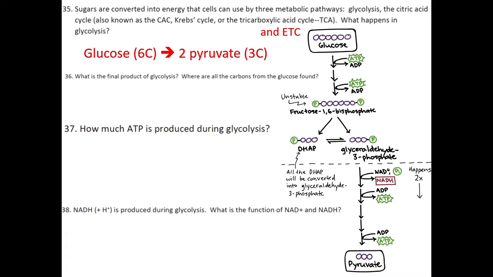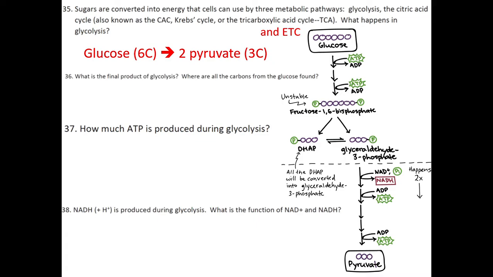So glucose has 6 carbon, and we start from 6 carbon molecule, and then we end up with 3 carbon molecule, which is pyruvate. And we are not going to lose any carbon because we are making 2 pyruvate. So together we still have 6 carbon. So we start from glucose, which is 6 carbon, and we end up with 2 pyruvate. Together we still have 6 carbon.